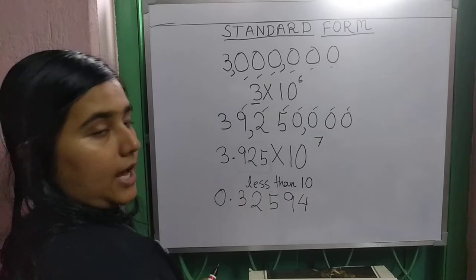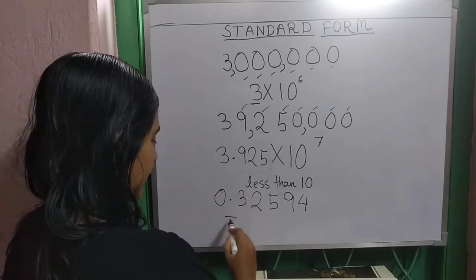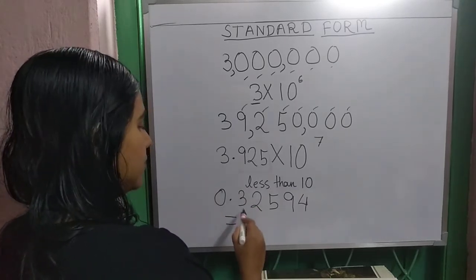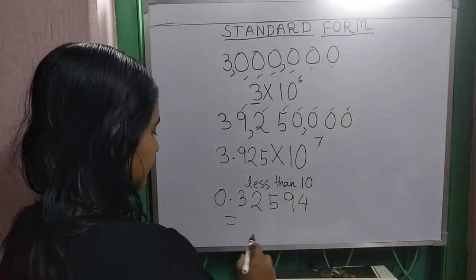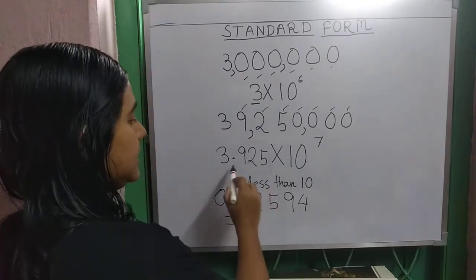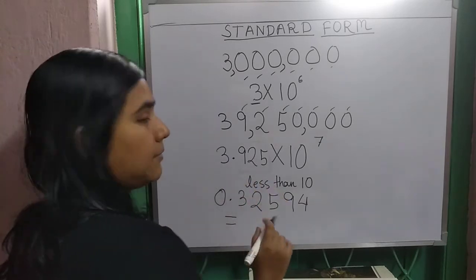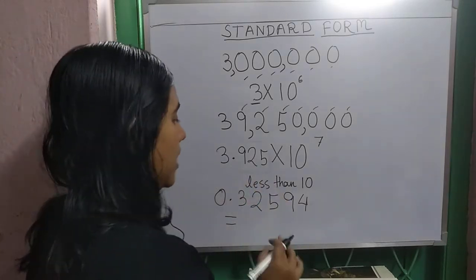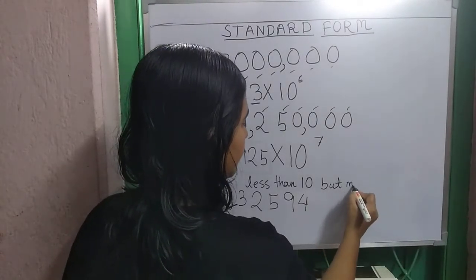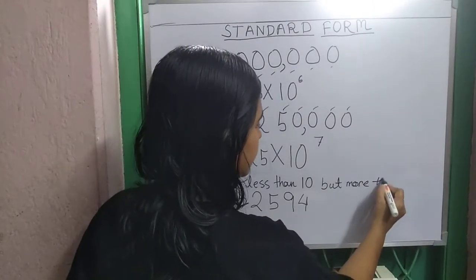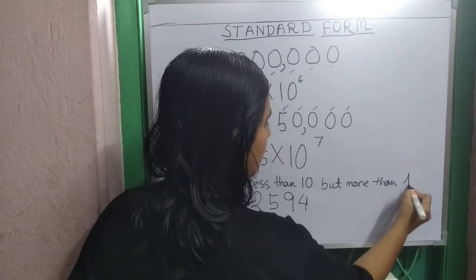So what do we have to do? The first number should be less than 10, but obviously more than 1.